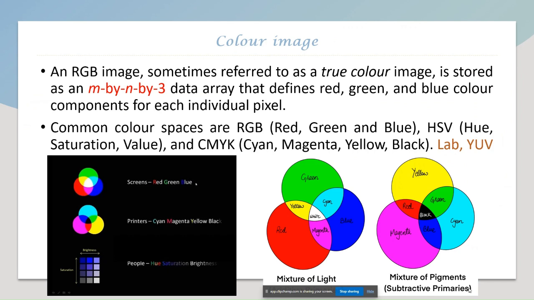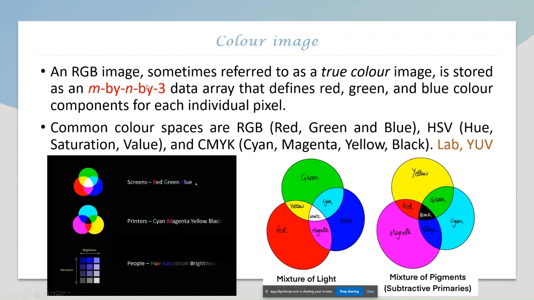For such a type of image, we don't need just a single matrix or a single array of size m cross n. Instead, we require at least three different matrices which are combined together. Earlier, for a gray image or black and white image, we needed a single matrix of size m cross n. Here, the color image that humans can usually see is an RGB image, where RGB stands for red, green and blue.